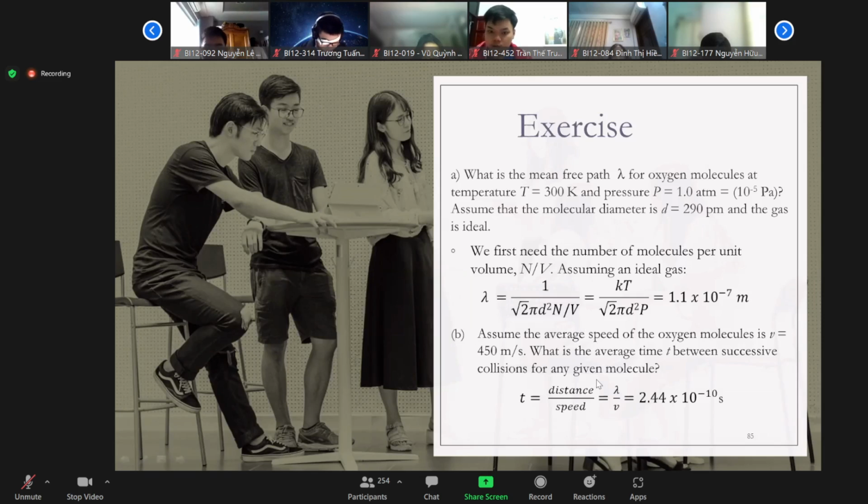So actually, this is the distance, the mean free path, the average distance divided by the average speed. So it becomes the mean free path divided by the average speed. Then you should be able to find this result.